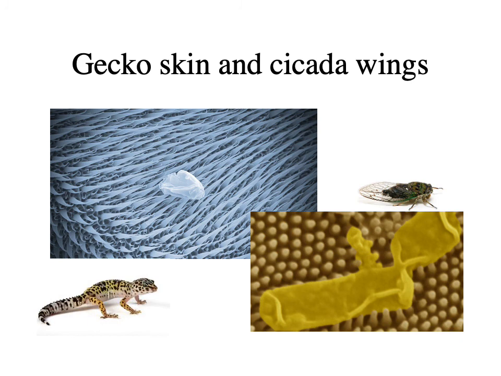So gecko skin and cicada wings, and these are SEMs of that, are basically lethally sharp to microbes. I don't know what the application of that would be, if we could get cicada wing band-aids or something, or at least artificial cicada wing band-aids, but I'm very interested in using physical ways of repelling microbial growth, and not chemicals, because there's no way that bacteria can get resistance to a dagger, right?